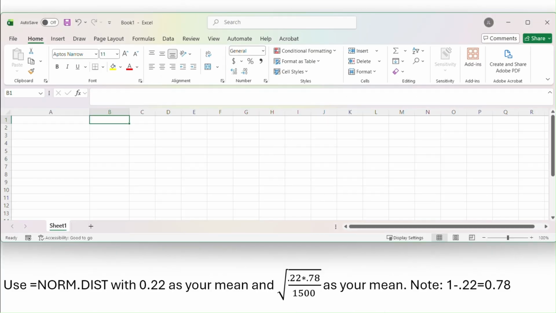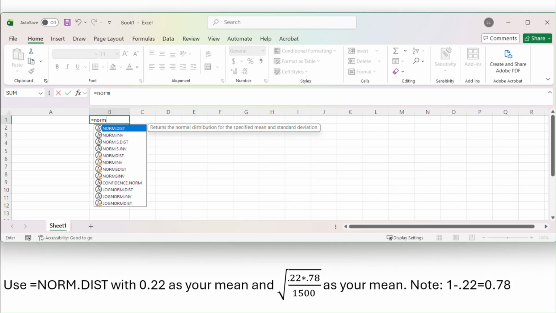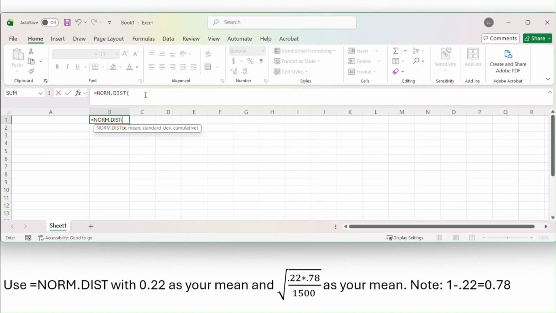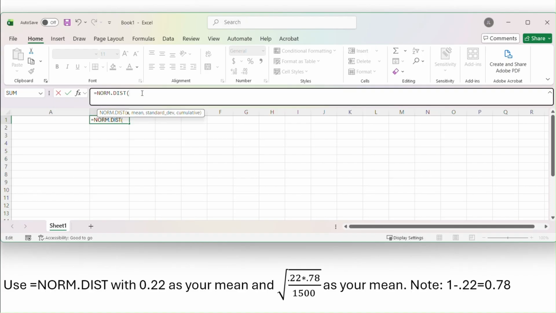So let me bring that up. Equals NORM.DIST. For this particular problem, they don't say what's the probability that less than 14% of the sample, or less than 18% of the sample. If they did, you put in that proportion here for your x value.